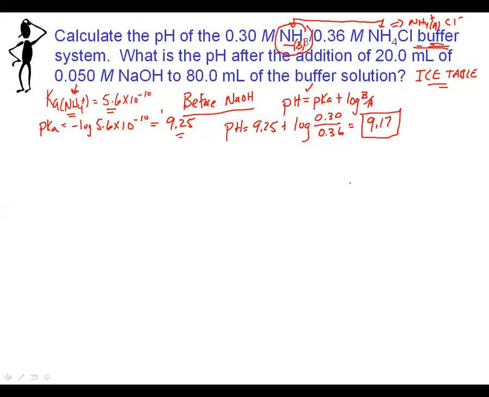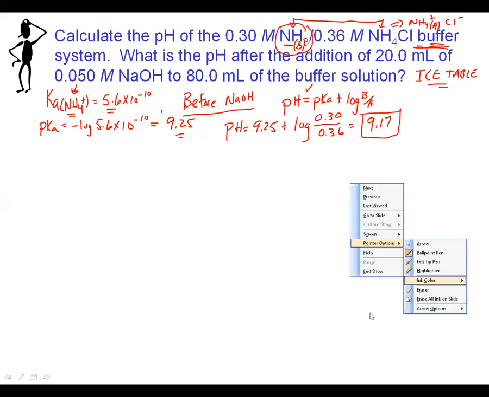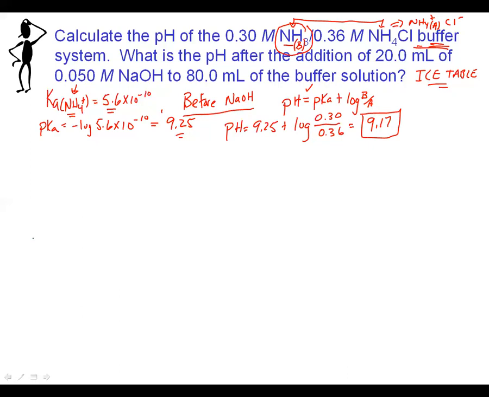This is a problem where some people might choose to use the other version of the Henderson-Hasselbalch equation, which is basically pOH equals the pKb plus the log of the acid over the base. A couple major differences would be you wouldn't look up your Ka value, you'd get your Kb value.